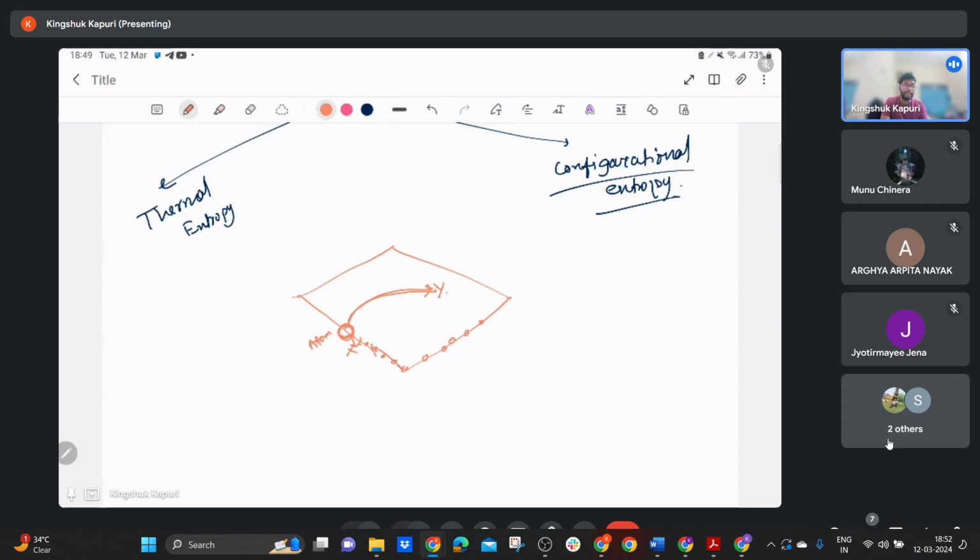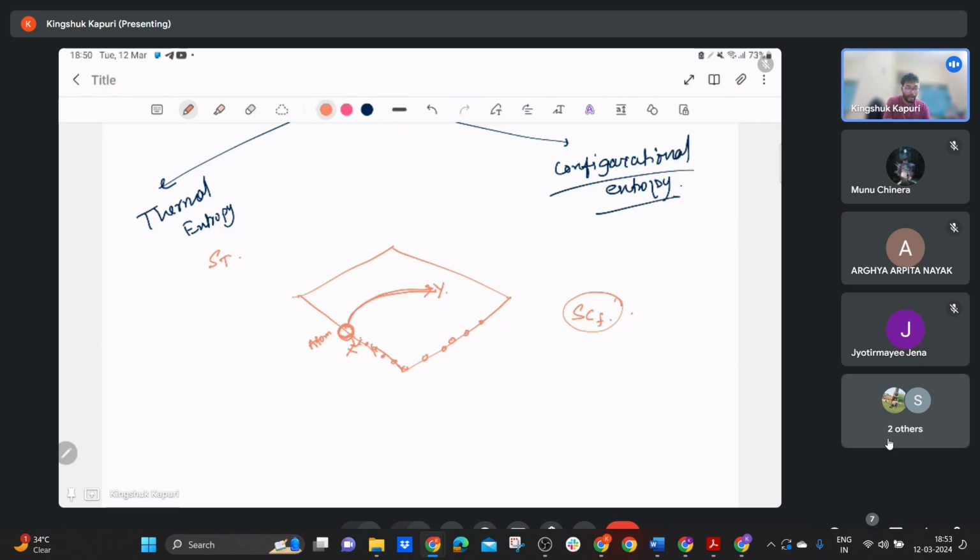We generally denote configurational entropy with SCF, and thermal entropy with ST, right? So while jumping, atoms may jump to a vacant position, and this is how a vacant structure is created, or a change in configuration happens.